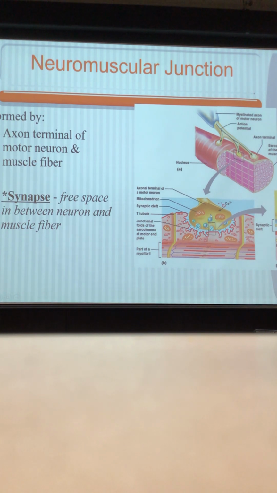The nerve doesn't actually touch the muscle. So how are we going to transmit that electrical current, that nerve impulse, across the synapse? I didn't hear you. I'll tell you.